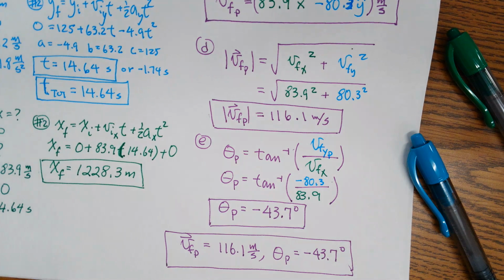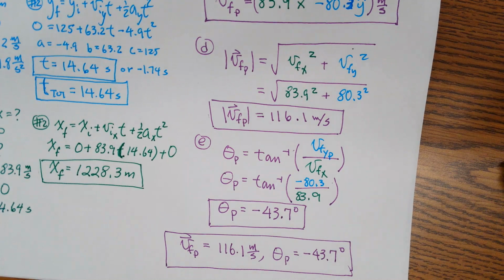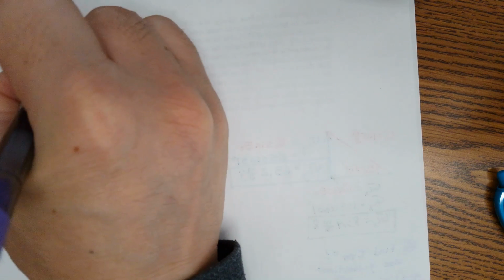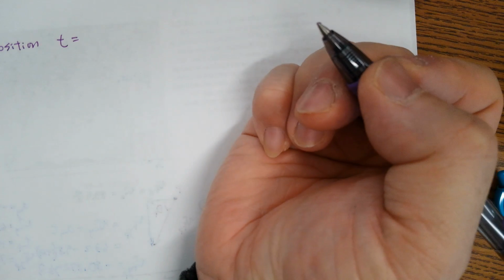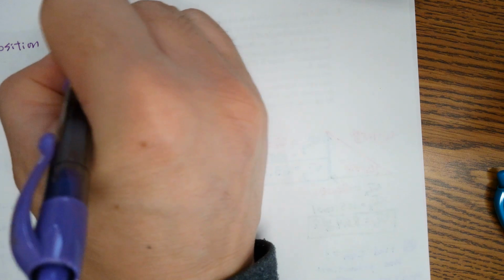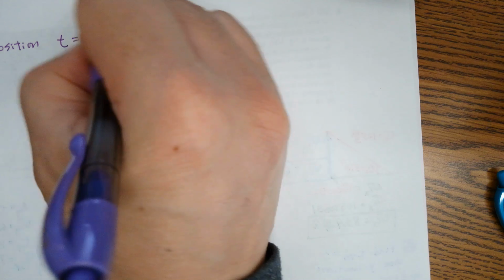Now, if you want to challenge yourself, this is what I did last year with my honor students, because they had to know how to do this in order to solve for their lab. So what I told them to do was to find the position when t is equal to 8.0 seconds.